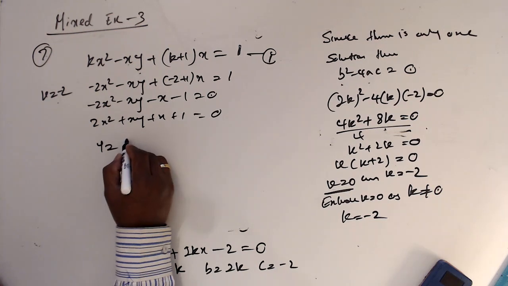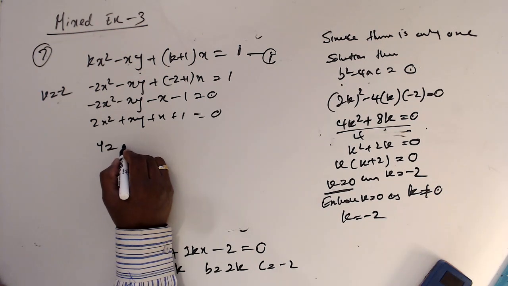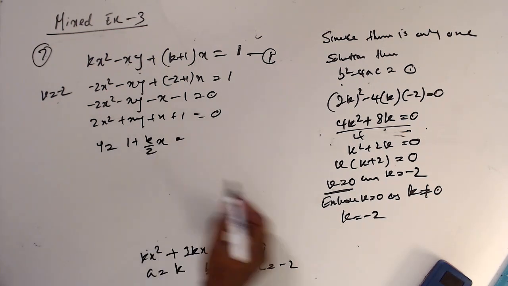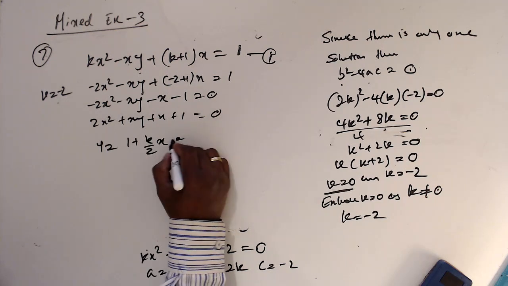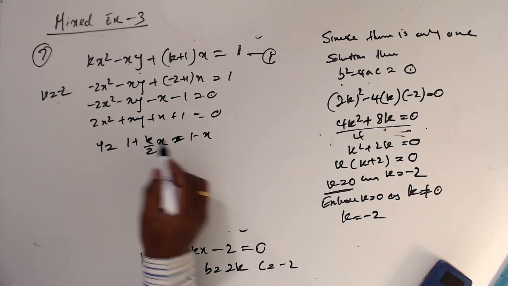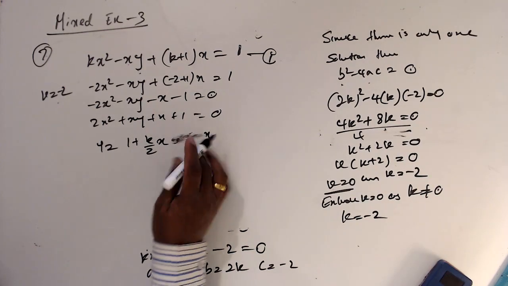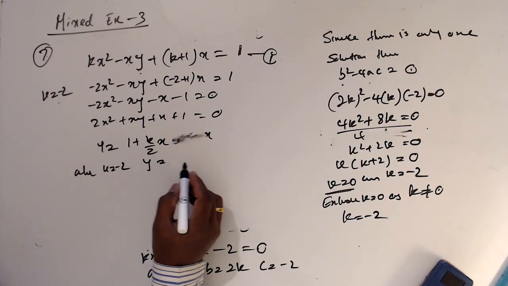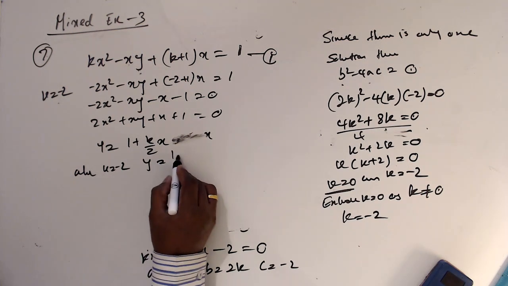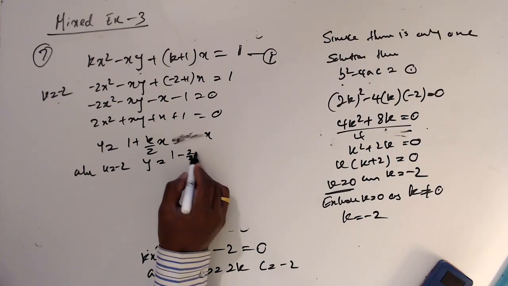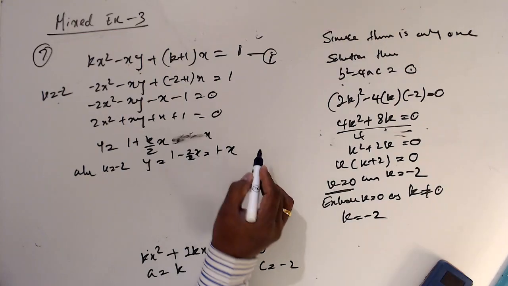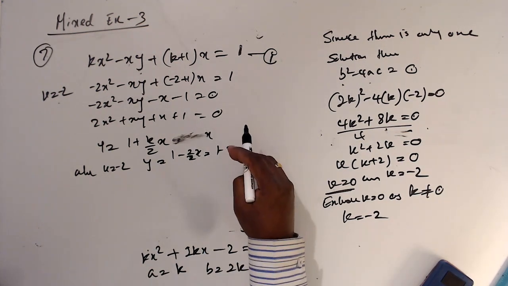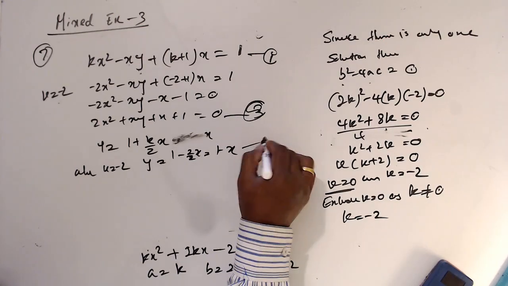Now y equals 1 plus k over 2 x. When k equals minus 2, y equals 1 minus 2 over 2 x, which is 1 minus x. Now to find the intersection point, you have to solve this one and this one.